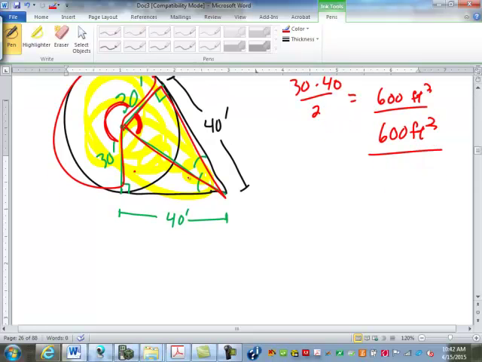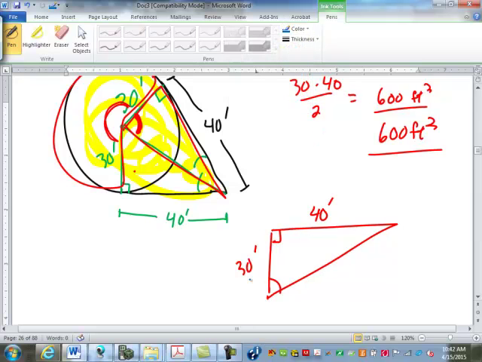So what I have, if I redraw this, this is 40 feet, this is 30 feet. This is the angle I'm looking for. What two sides do I have? Adjacent and opposite, which means I'm dealing with the tangent. Tangent is opposite over adjacent.